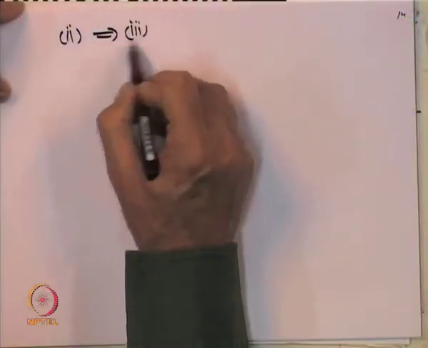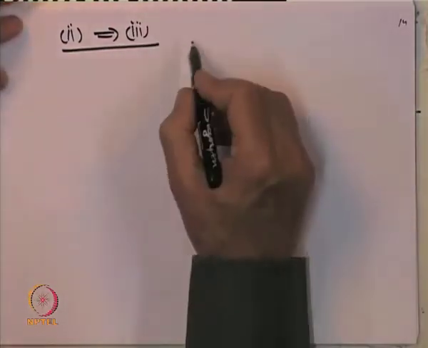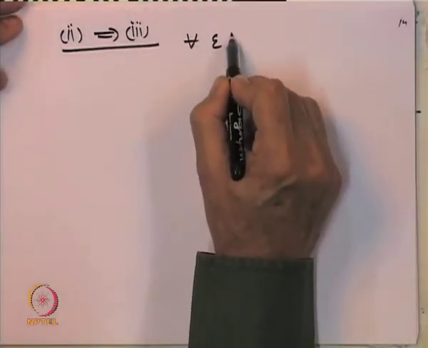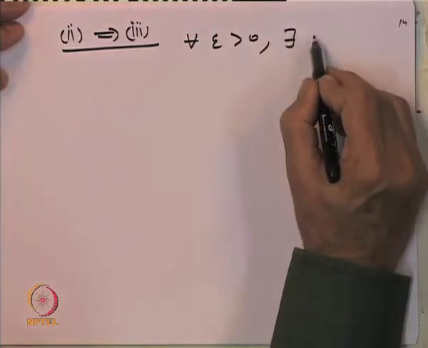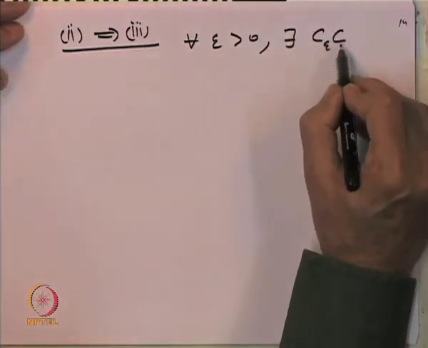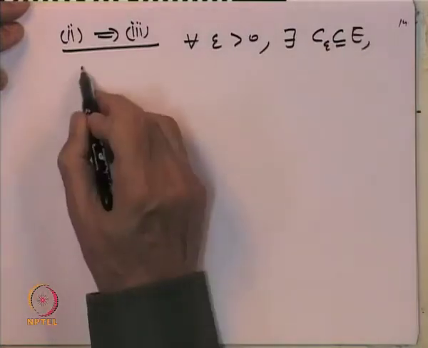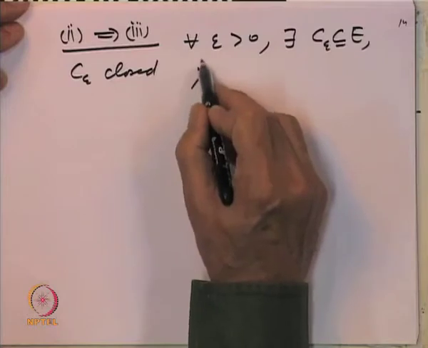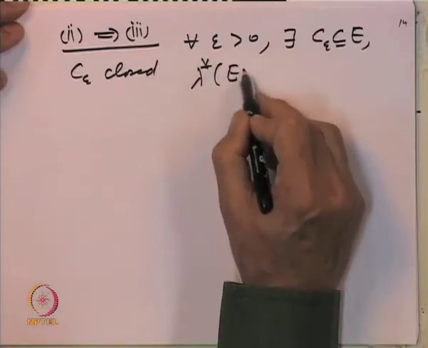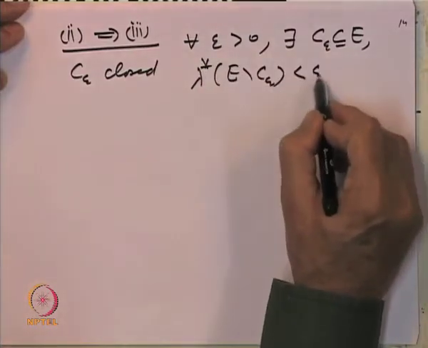Let us look at 2 implies 3, and that is once again for every epsilon. What is given is that there exists a closed set C epsilon inside E, with the property that the outer measure of E minus C epsilon is less than epsilon.